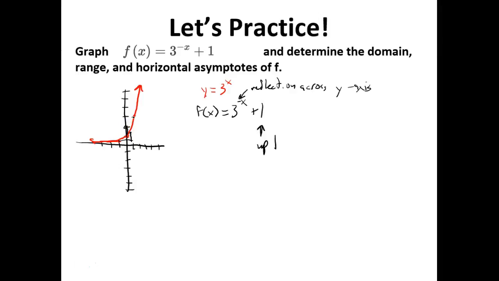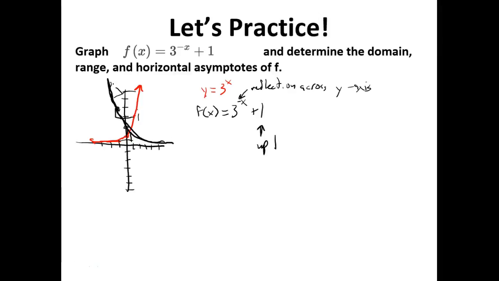This point reflected, up 1, it's going to go there. And the same with all the other points. We reflect them across the y-axis and then up 1. I think I was saying x-axis, but you want to reflect them across the y-axis. And then we're going to connect those dots. It's going to look something like this here.